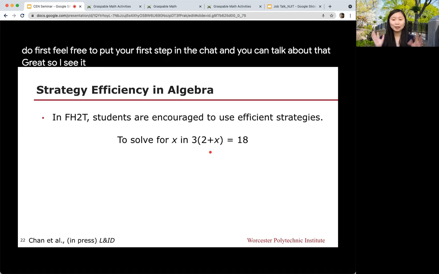Great, so I see a couple of responses saying that we can divide both sides by 3.